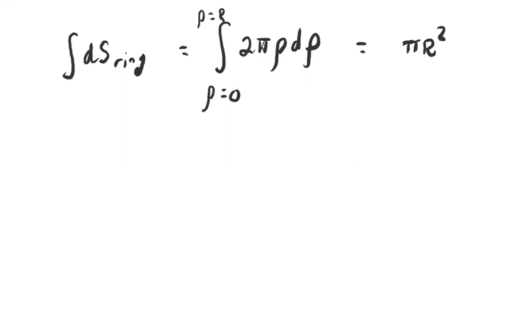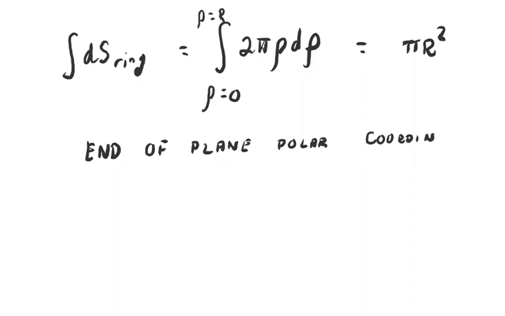Okay, so for the moment, that's everything we want to do with our discussion of plane polar coordinates. And I said this before, I'll repeat it. We use rho, some authors use r, we use phi, some authors use theta.